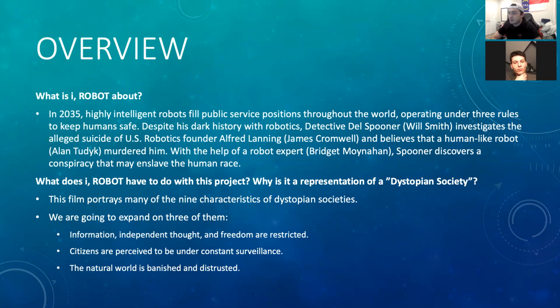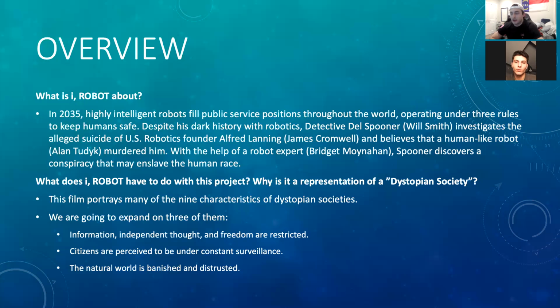Will Smith's character, Detective Spooner, doesn't really have the best relationship with robots, and he's called to investigate the alleged suicide of U.S. Robotics founder Alfred Lanning, Dr. Lanning, and believes that a human-like robot murdered him. So, with the help of an expert, her name's Susan in the movie, Spooner discovers a conspiracy that might enslave the human race.